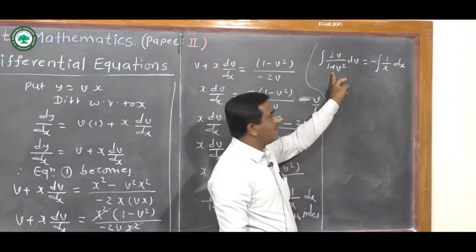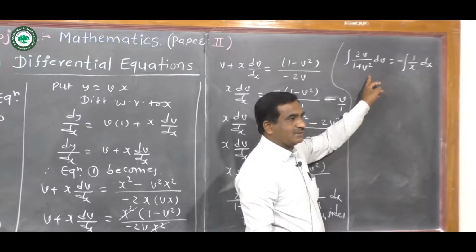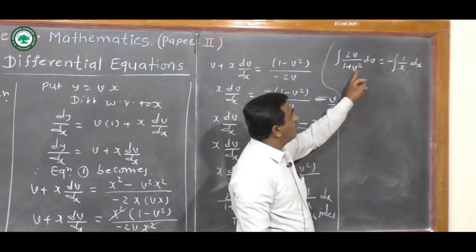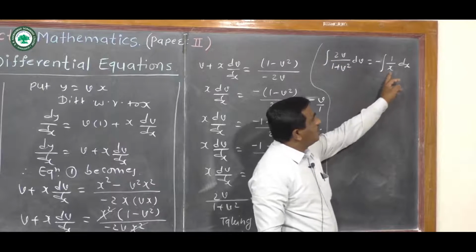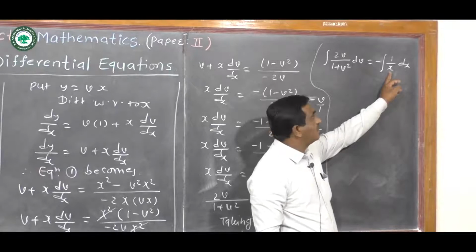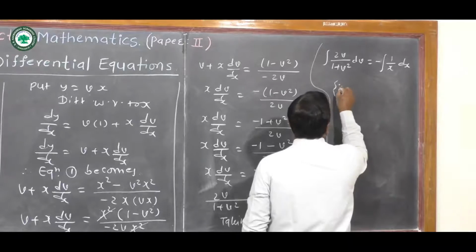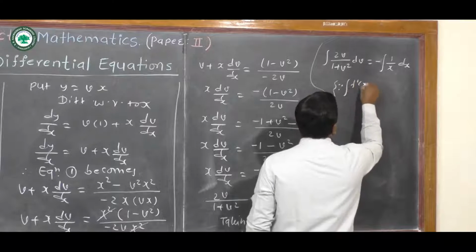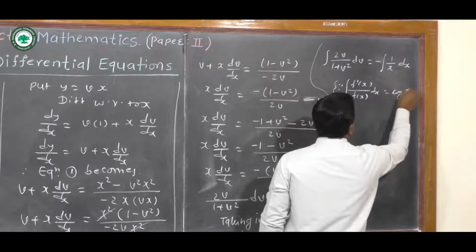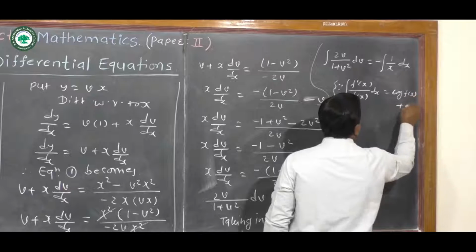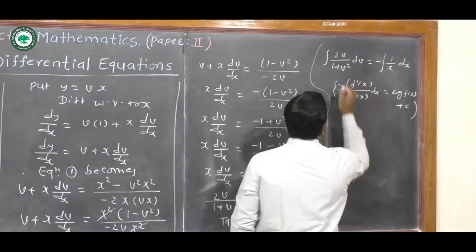Derivative of 1 plus v square is, derivative of 1 is 0, derivative of v square is 2v with respect to v, which is at the numerator, and here also the derivative of x is 1, which is at the numerator. Therefore we can use the corollary, since integral of f dash of x upon f of x dx is equal to log of f of x plus c. Using this corollary, we can write the integration of these two integrals.